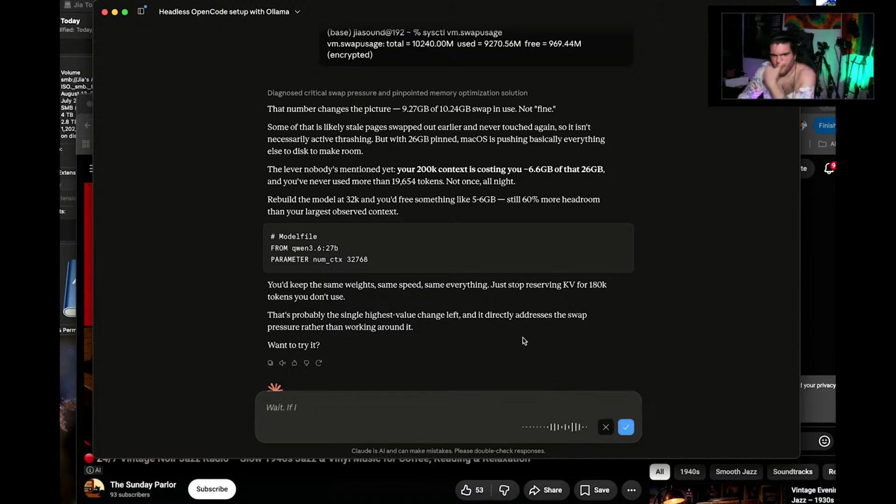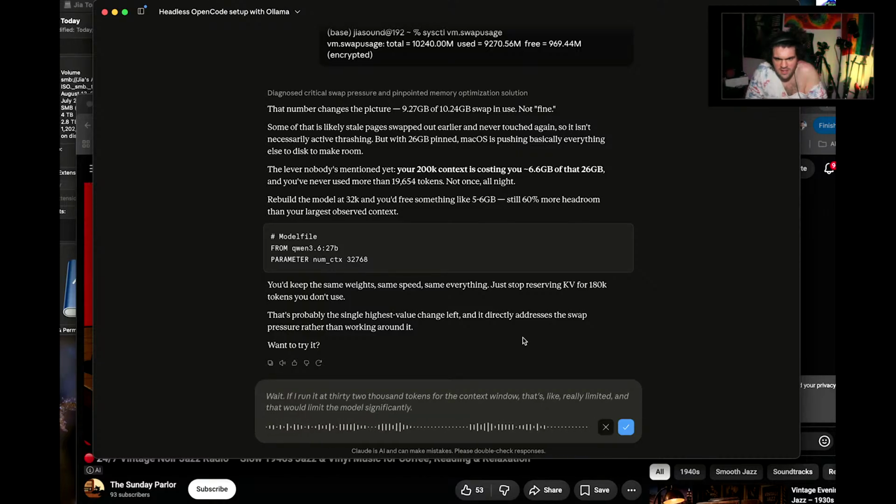Wait, if I run it at 32,000 tokens for the context window, that's really limited. That would limit the model significantly. These are just simple tests. This is just for a hello world test. This isn't for actual building yet.